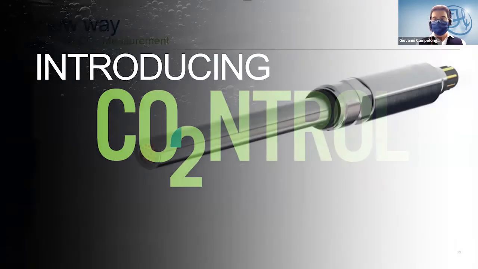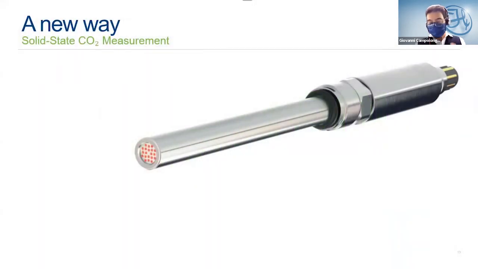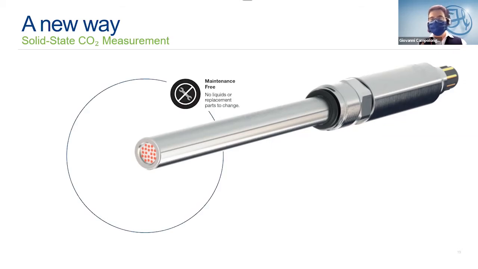What is peculiar of this new technology, even before I get into the detail of the technology behind it? What have we achieved with Control? We have achieved a sensor which is maintenance-free. Compare with what I just showed you about the Severinghaus sensor, and you see that it's a solid state technology.